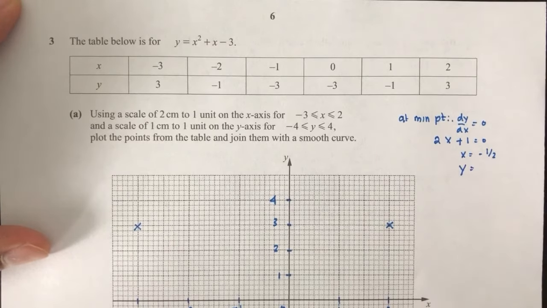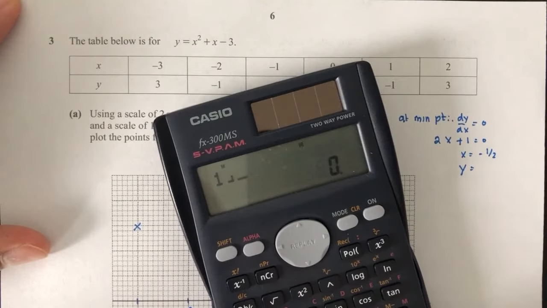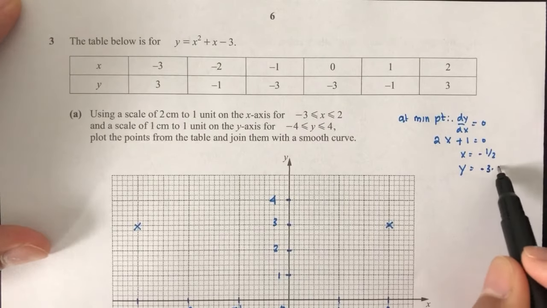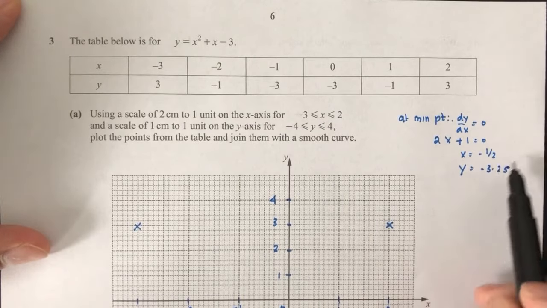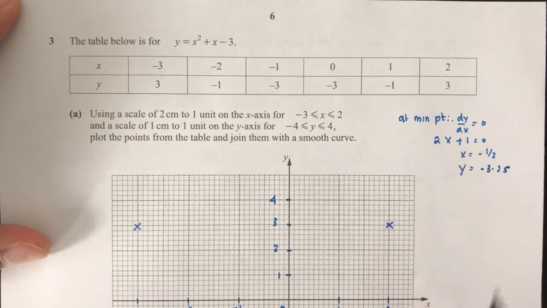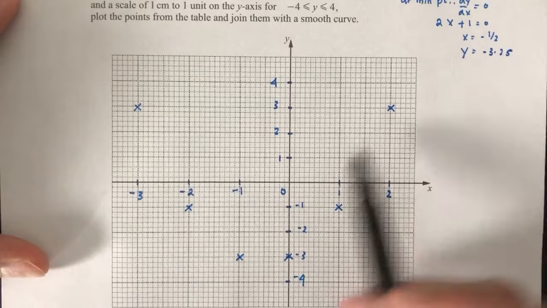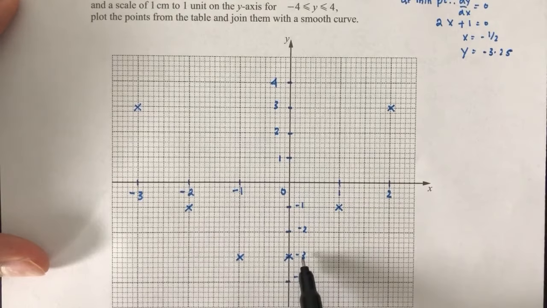Value of y will be 1 over 4 minus 1 over 2 minus 3. That will be minus 3.25. So this is an extra point for you to know. That's the minimum point, which is minus half and minus 3.25. So minus half is here. Minus 3.25 will be here. So just for you to know.